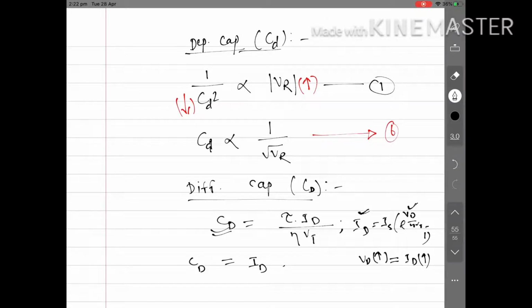So as we increase the diode voltage, the diode current increases, and as a result the diffusion capacitance also increases. So as we increase the forward bias voltage, the diffusion capacitance increases. This is what is given in statement C in the question.